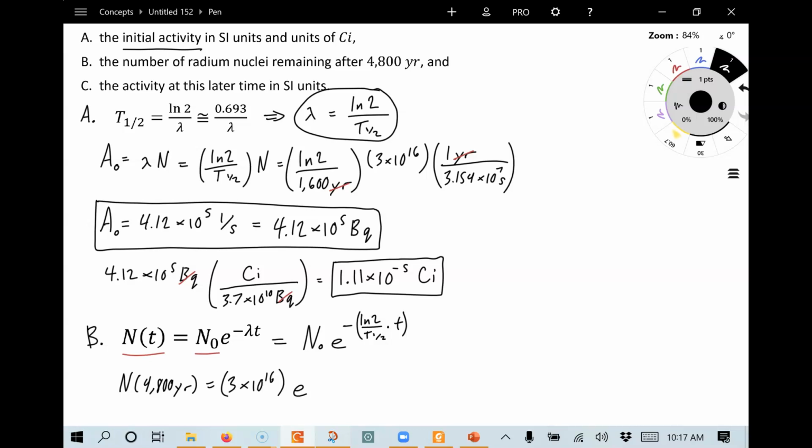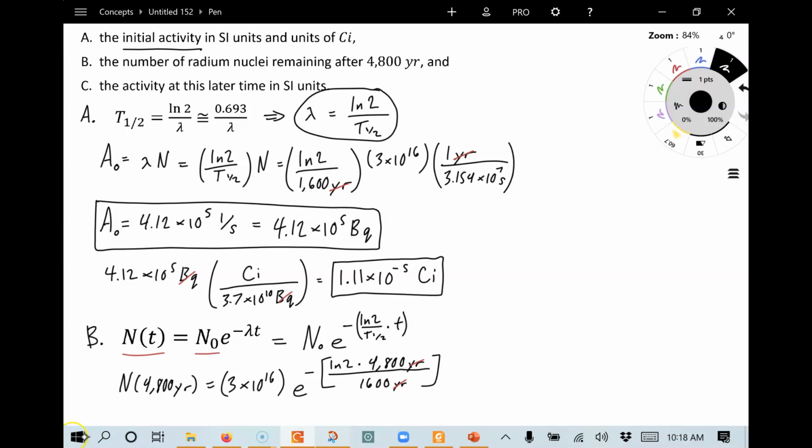That's going to be e to the negative ln 2 multiplied by the time, 4,800 years, divided by the half-life, 1,600 years. And the years cancel. We've got a dimensionless quantity here, which we need for the exponential function. Put that into the calculator.